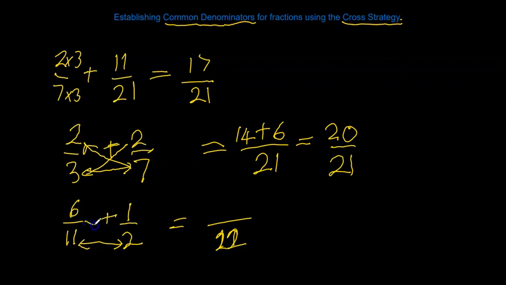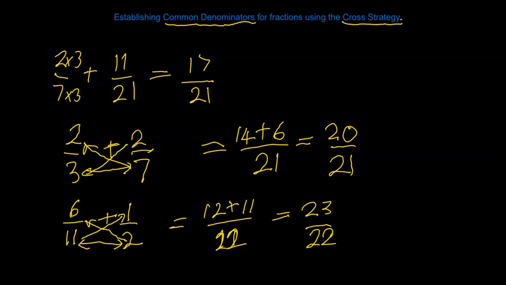And then the second move is diagonally. 2 times 6 is what? 12. And then the third move is 11 times 1, which is 11. So we just apply the operator here. That's the plus here. So this becomes 23 over 22, which is an improper fraction, right?